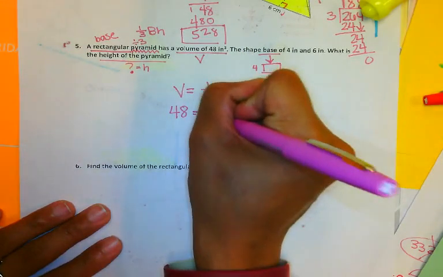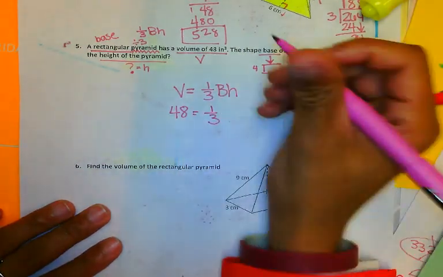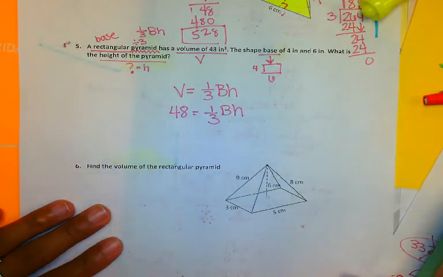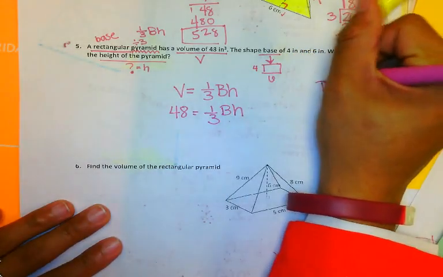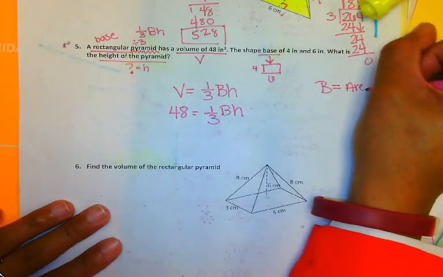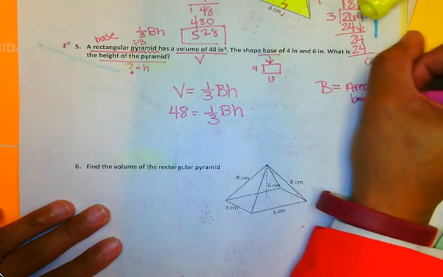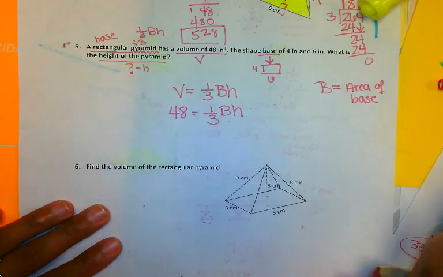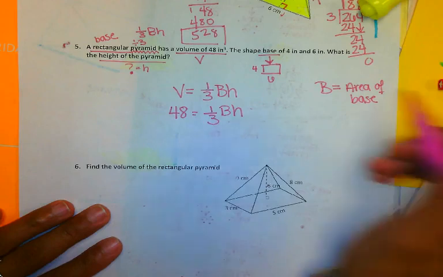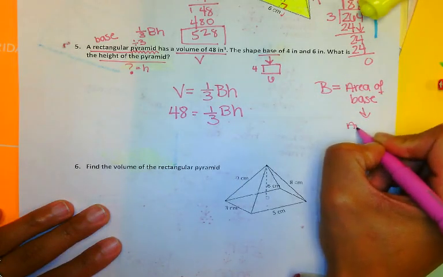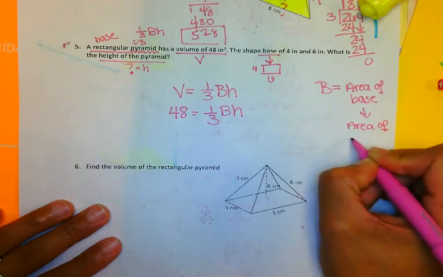Equals 1/3 big B H. What does big B stand for? Hopefully you said area of the base. Well, what's my base? My base is a rectangle. So that means it's saying area of the rectangle.